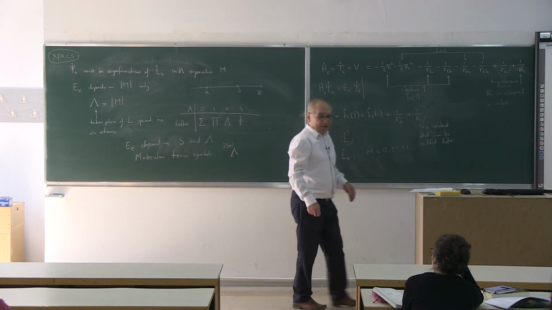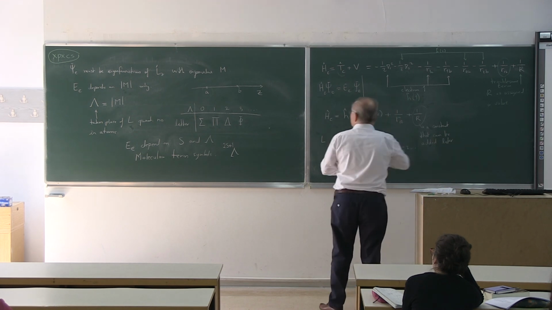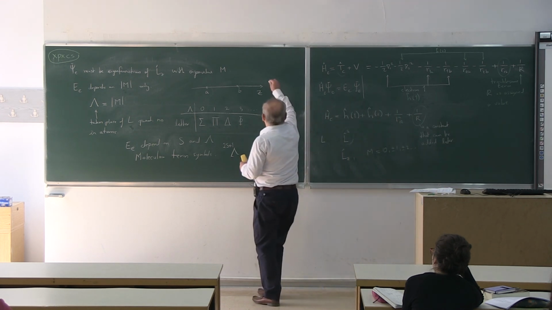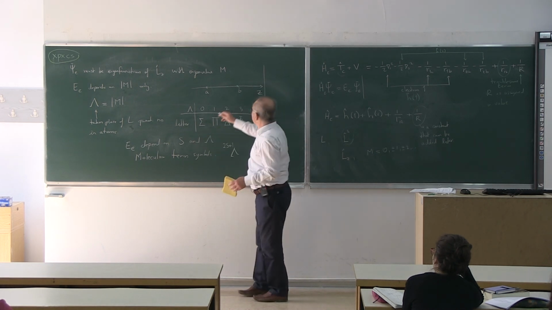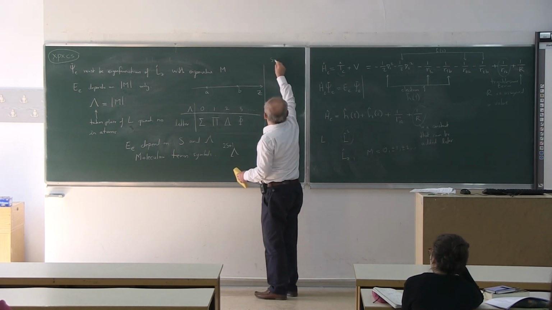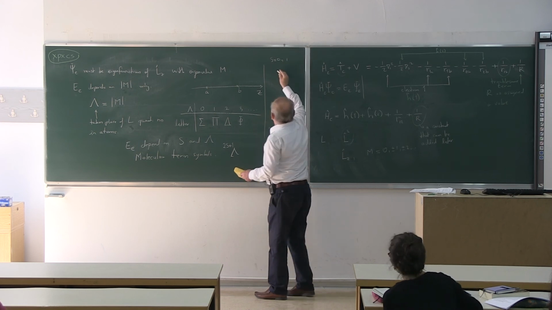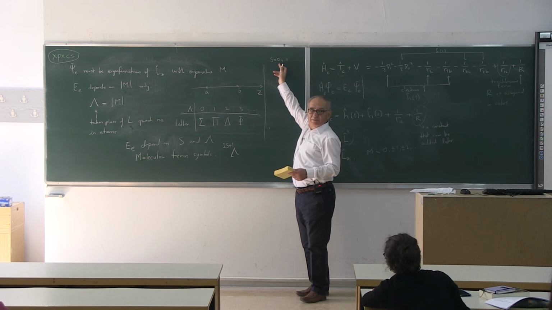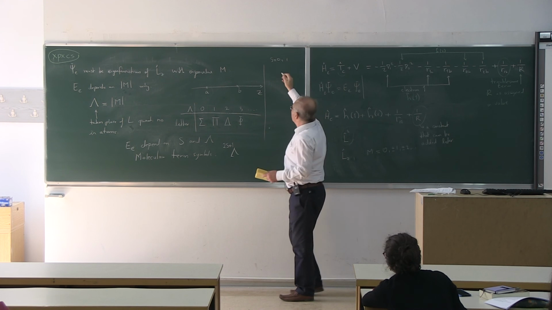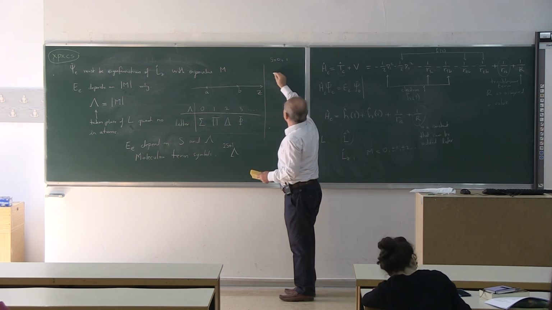So if we apply this to the hydrogen molecule, we have just two possibilities for S. S is either 0 or 1. S equals 0 means a singlet state, singlet spin, and S equals 1 means a triplet spin. So we have such terms.